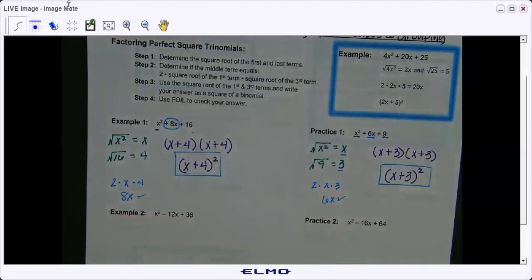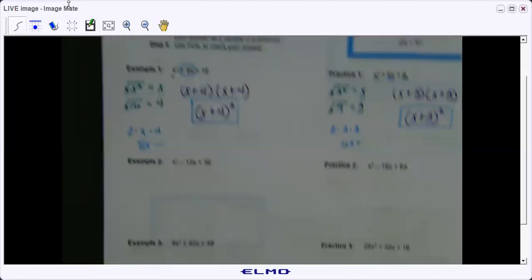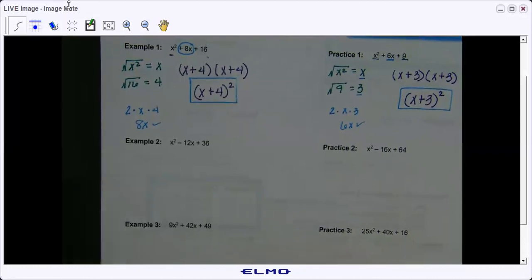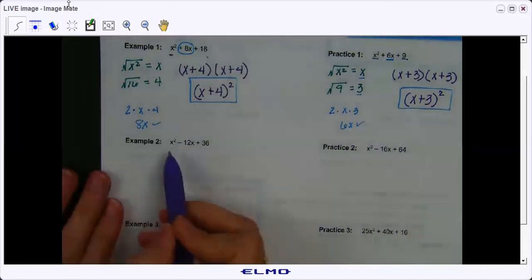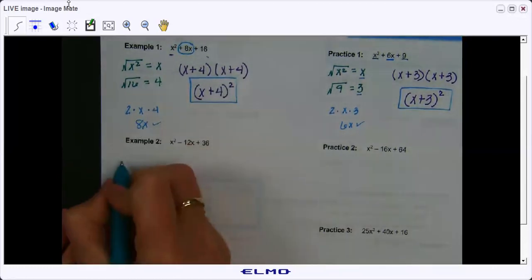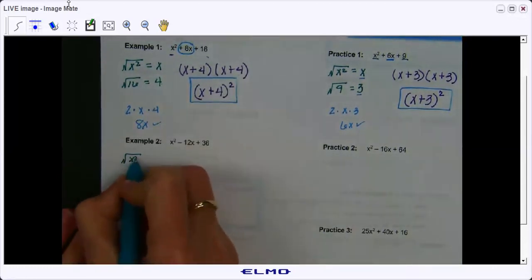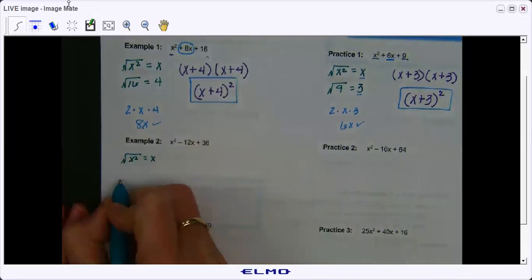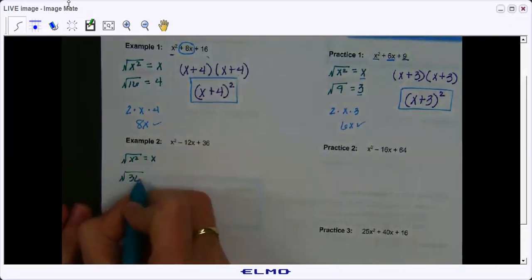So let's go down to example and practice 2, where now we're incorporating a negative. I can tell that both of these are perfect squares. The square root of x squared is x, and the square root of 36 is 6.